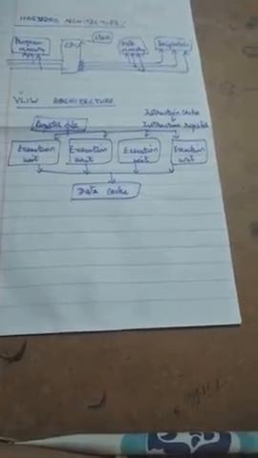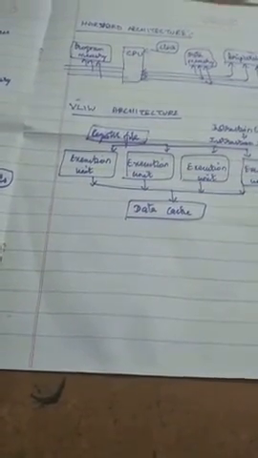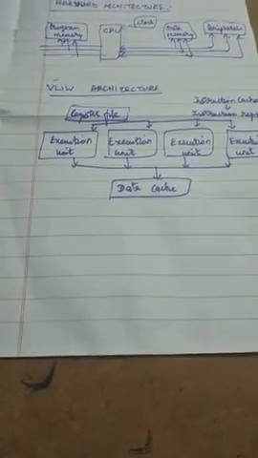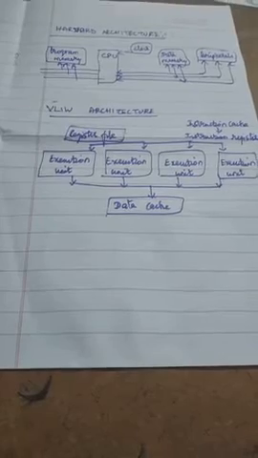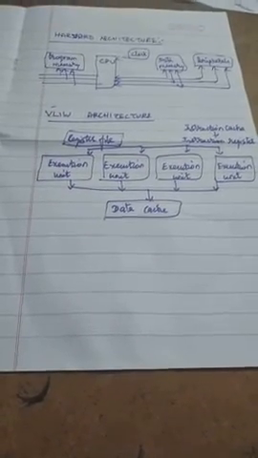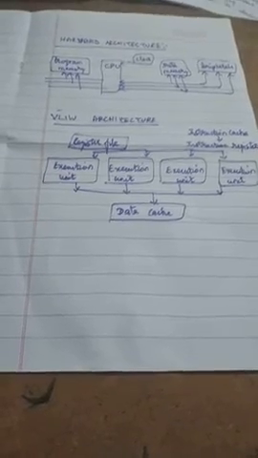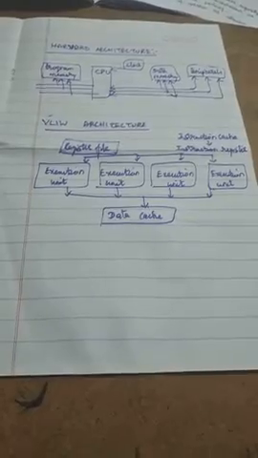In a normal microprocessor we can't shift from 1 to 5 or 5 to 10; we have to increase sequentially only. Using pipelining, we can shift directly from 1 to 5, or 5 to 15, or 15 to 25, like that. This is the main advantage when compared to a normal microprocessor.